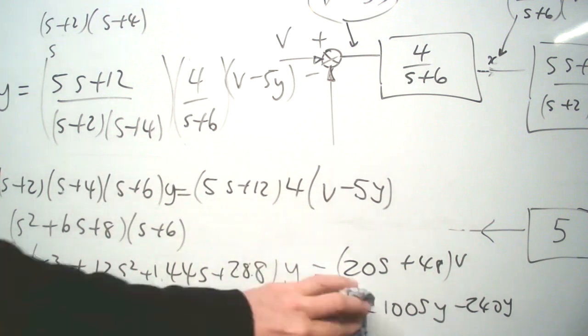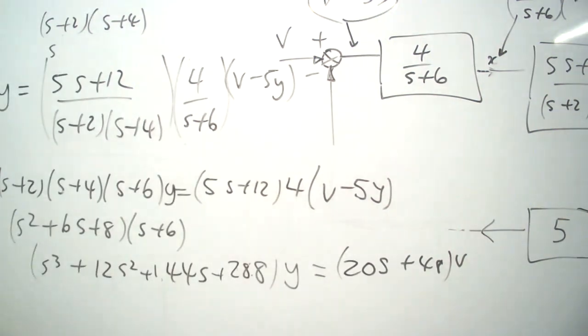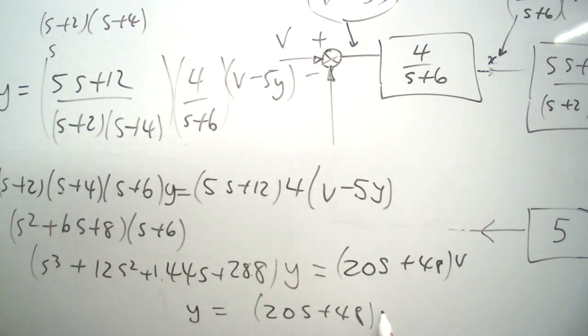And then this bit has disappeared. And so we get the answer that y is equal to 20s plus 48 times v over s cubed plus 12s squared plus 144s plus 288.